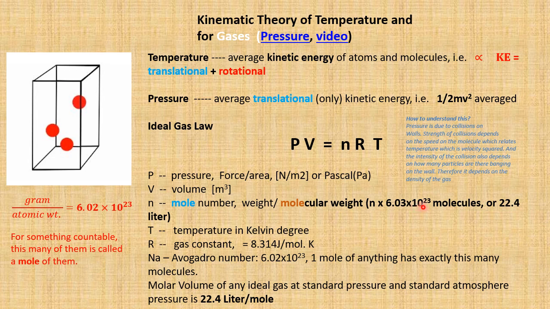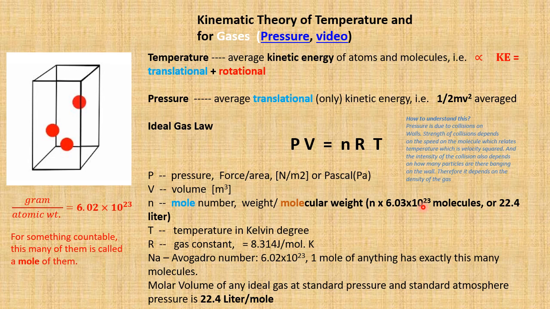But immediately we think, well, how much does 1 mole of something weigh? Well, depending on what it is. 1 mole of hydrogen atoms will weigh 1 gram. Okay, hydrogen is used as a standard. But 1 mole of hydrogen molecules, which have 2 hydrogen atoms, will weigh 2 grams.